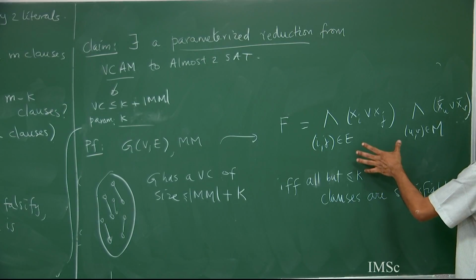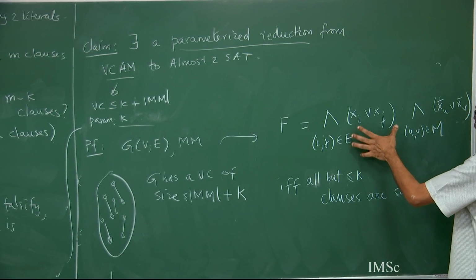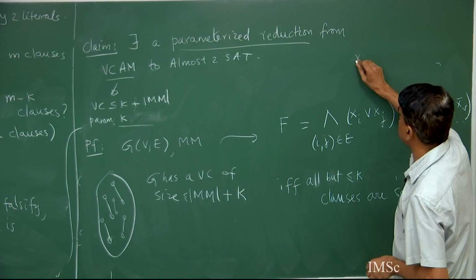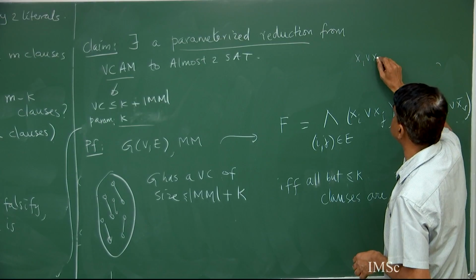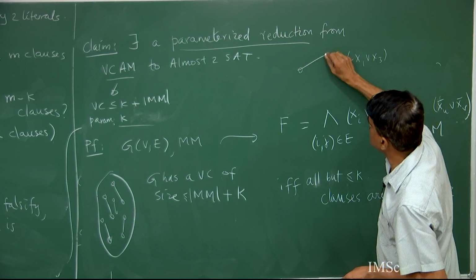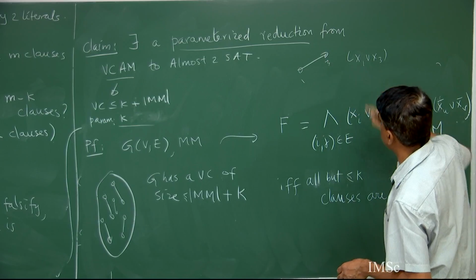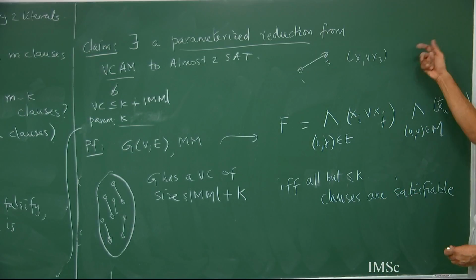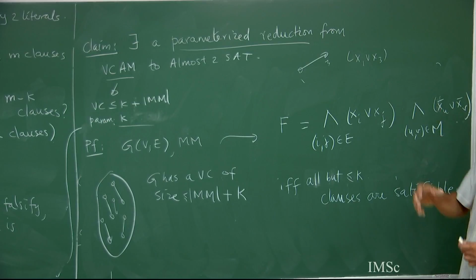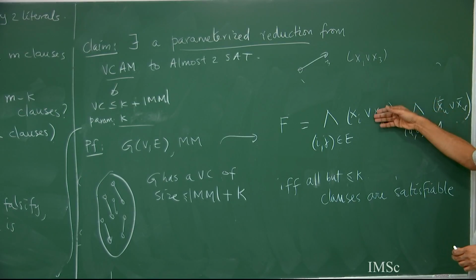I have an assignment that falsifies one of these clauses, let us say some x1 or x3. There was this edge 1 3, it falsified it. Now, I am going to change it and set x1 to 1. I will gain that clause. What do I lose?